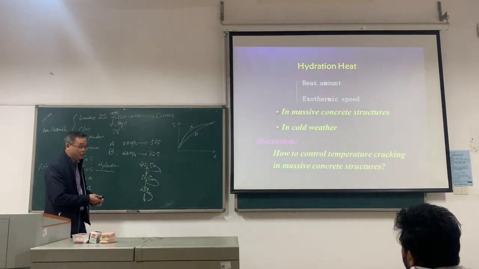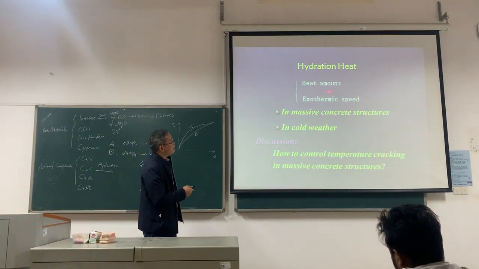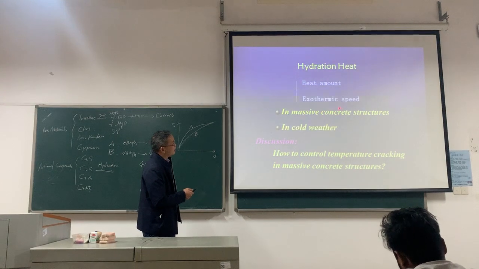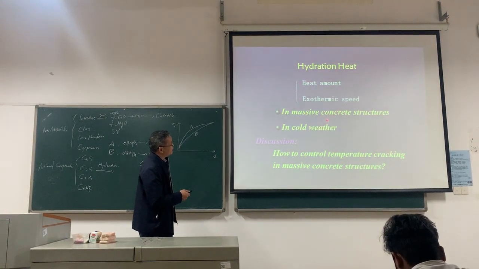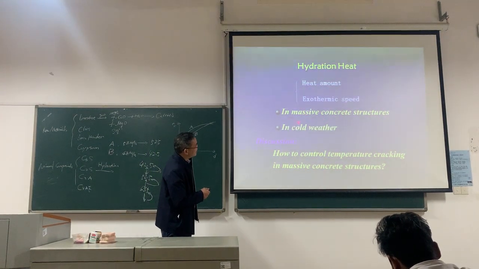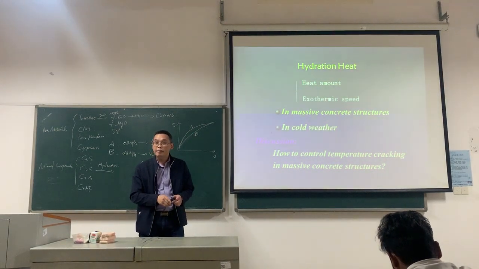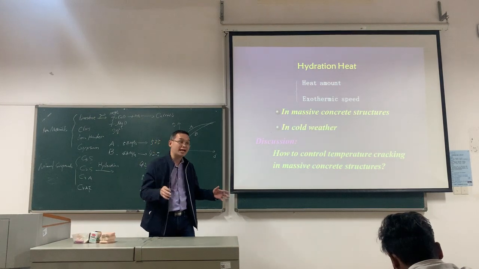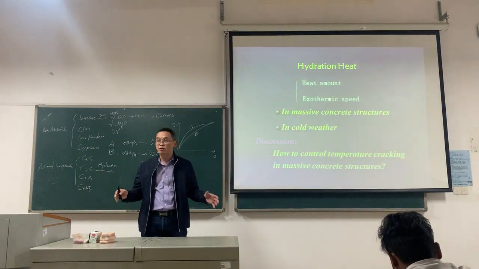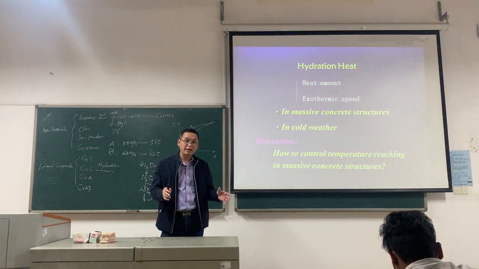And for the hydration heat, knowing the heat amount and exothermic speed is especially important in massive concrete. What is massive concrete? Massive concrete means big-size structures, such as dams.